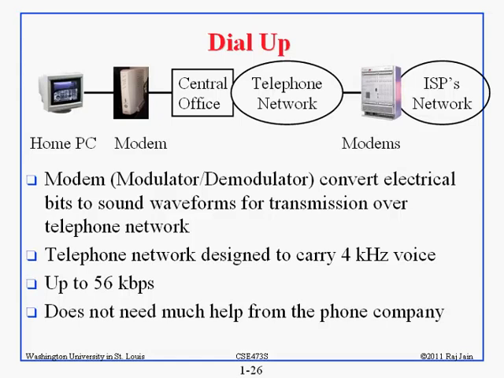A modem is a modulator, demodulator that converts the electrical bits to sound waveforms, and then the telephone company wires were designed to carry only 4 kilohertz voice. That was another limitation. Basically, when the phone company wanted to design their wires, they had to decide what quality wire they should have, and they conducted a test. And they found out that if they can pass 4 kilohertz, then people are happy. Now, with 4 kilohertz, you would not really be able to send music.